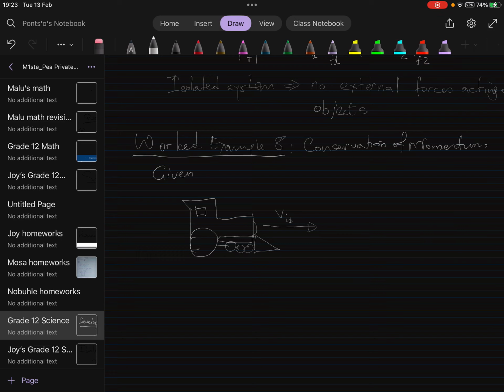The choo-choo train is traveling to the right at a velocity initial. We'll call our train object 1. Yeah. And its initial velocity is 1.5 meters per second. It's positive, so eastward or to the right is positive.